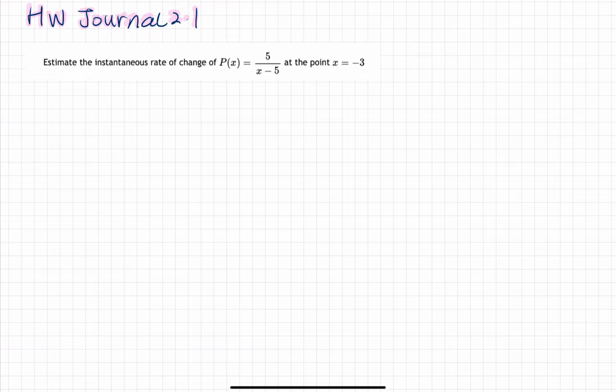So in this statement, I saw several phrases that really caught my attention. First, we're trying to look for the instantaneous rate of change at point x equals negative 3.